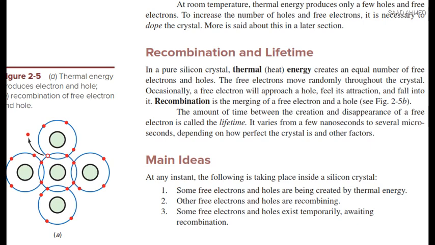Other free electrons and holes are recombining, because there are millions and millions of electrons and holes. So some are being created by thermal energy, some are recombining, and some electrons and holes exist temporarily awaiting recombination, meaning they are moving somewhere randomly in the crystal.